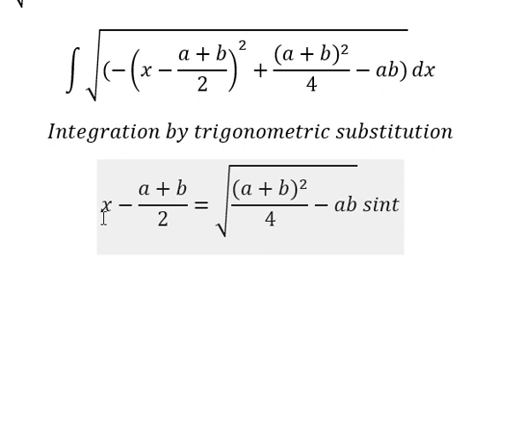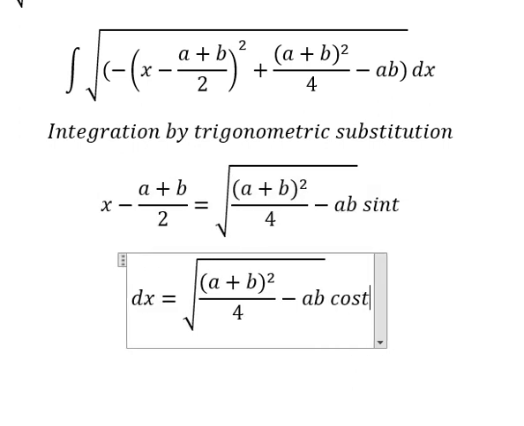Next, we need to first take the derivative of both sides, and we have dx equals this one multiplied by cosine t dt.